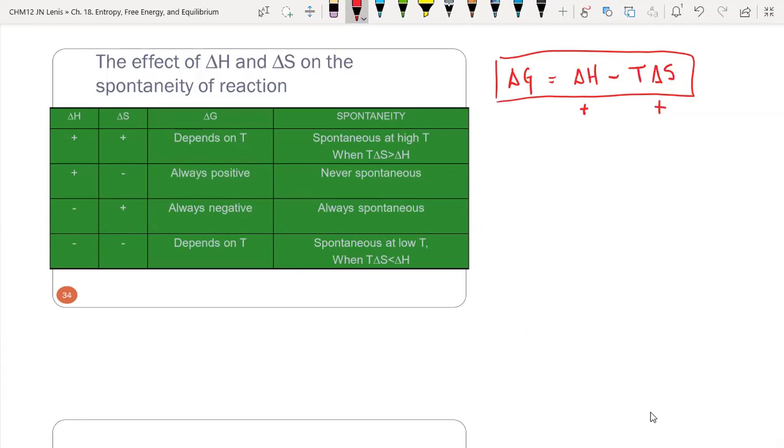So basically what we're trying to find here is the sign of delta G, and in this case negative, because that's what we're looking for in a spontaneous process. The sign of delta G will depend on the sign of these two variables, and also on the temperature.